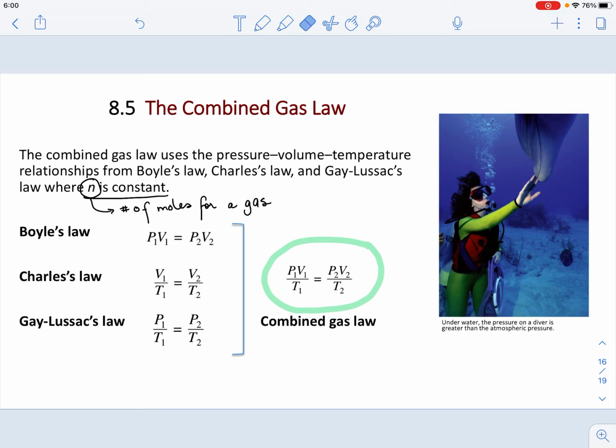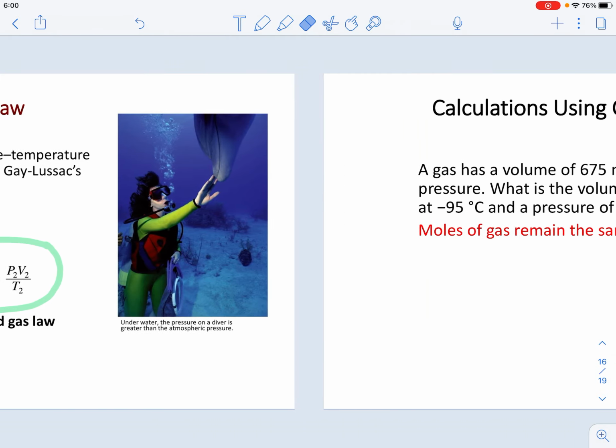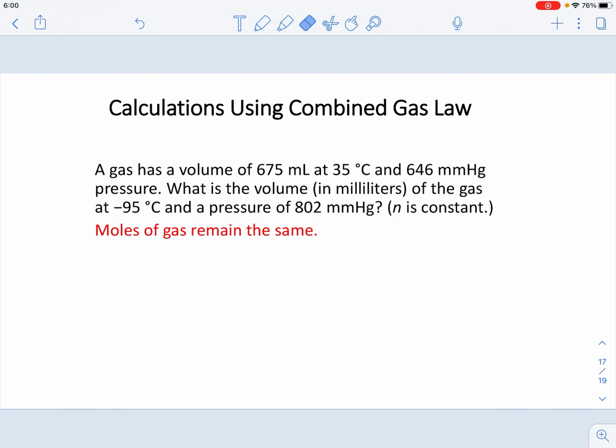Let's actually do a problem on combined gas law. As you can see, the problem states a gas has a volume of 675 milliliters at 35 degrees Celsius and 646 millimeters of mercury of pressure. What is the volume in milliliters of the gas at negative 95 degrees Celsius and a pressure of 802 millimeters of mercury?